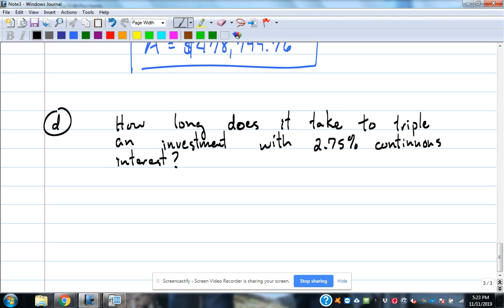If I invest $1,000 and I triple it, still $3,000 at the end. It's the same ratio between the two. So if I'm going to pick an investment to work this problem with, what would be the easiest number to invest? $1. Exactly.